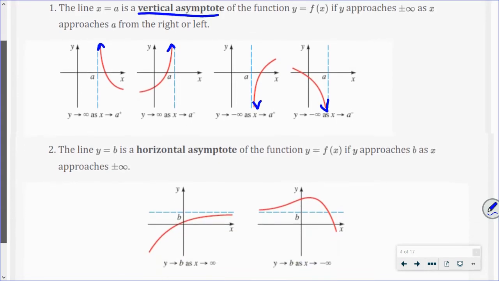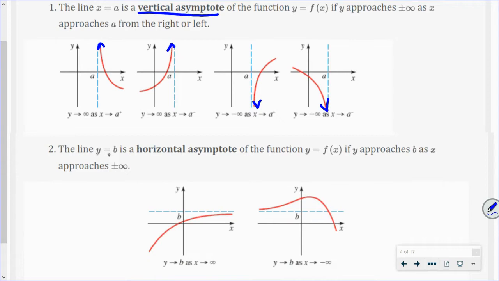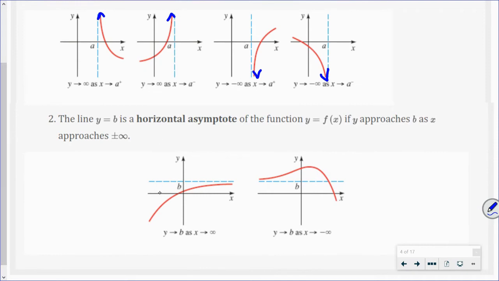A horizontal asymptote is a line y equals b that is a horizontal asymptote of the function f of x if y approaches b as x approaches plus or minus infinity. So now we're looking as x goes out here to infinity, y approaches this line wherever b is.